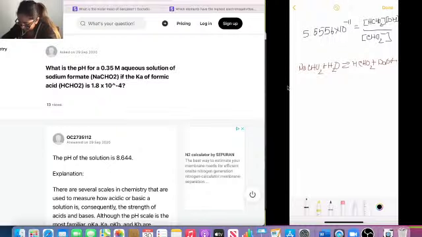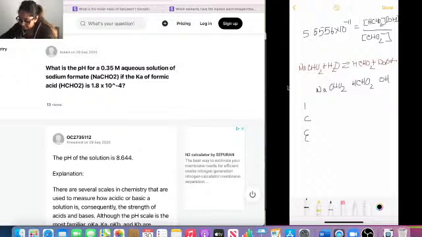So we have the concentration ICE table, with your reactant, NaCHO2, and your products over here, HCHO2 and OH. Your initial concentration of sodium formate is given in the problem, which is 0.35.